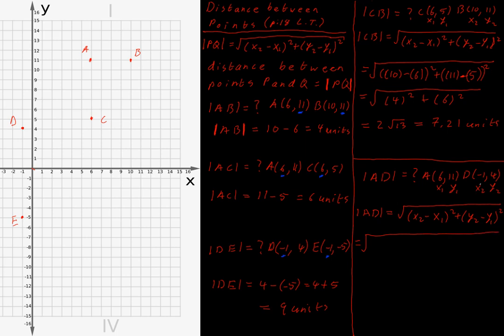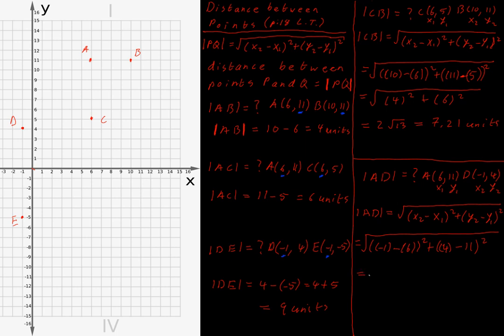So anywhere there's an x2, I have to write in -1. We can see now we have a negative number, so it's very important we put that in brackets so we don't make any mistakes. And then minus 6 to be squared, plus y2 is 4, minus y1 is 11 to be squared.